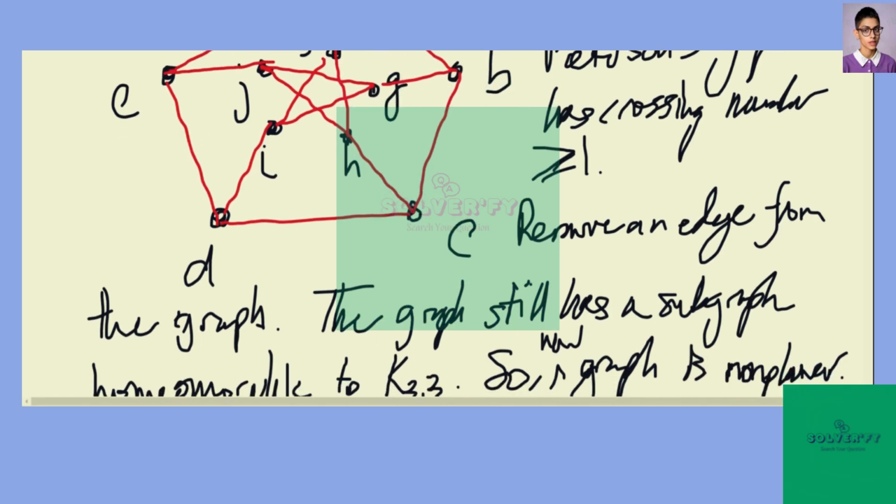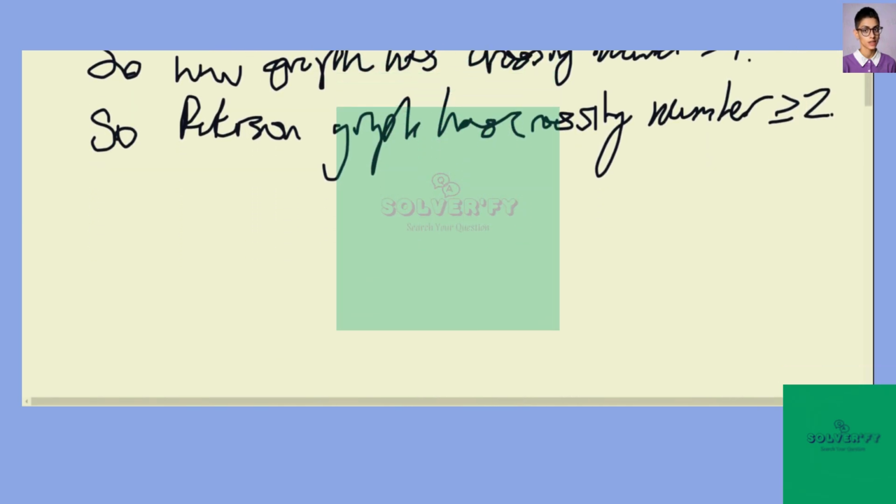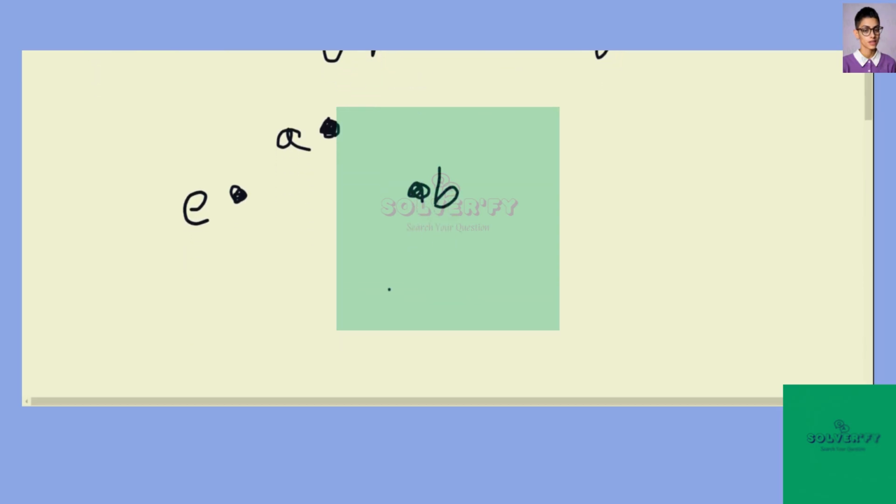So I'll draw the new Petersen graph down here. We'll keep C and D in the same place.